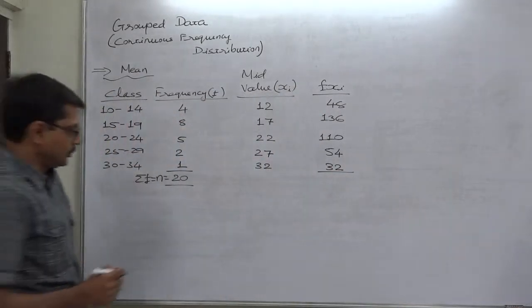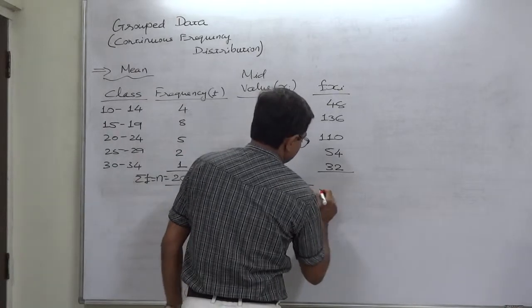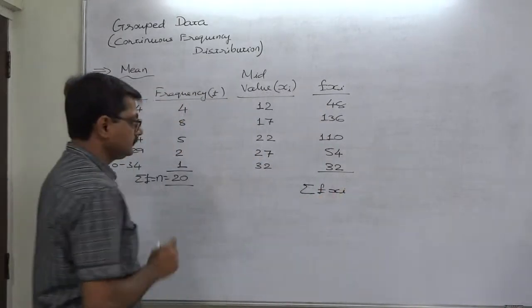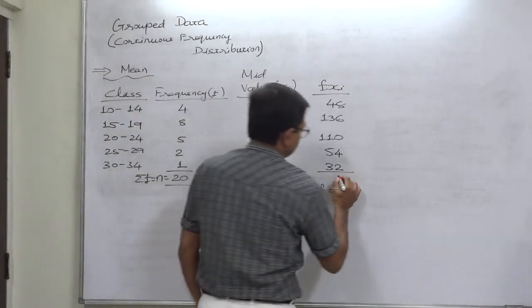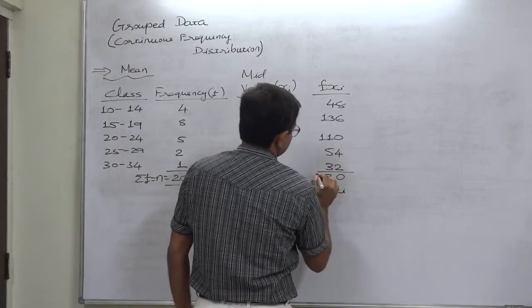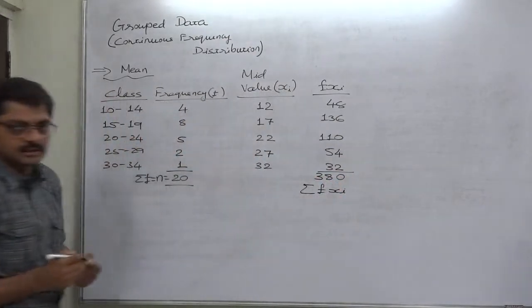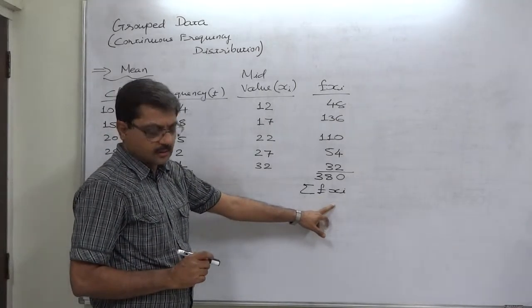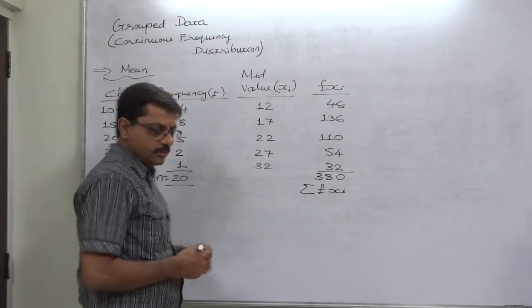Now get the summation of this column, that is sigma fx. Yes, it is 380. It is exactly like sigma fx, or rather sigma xw.